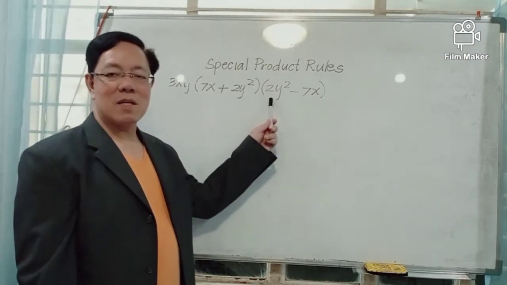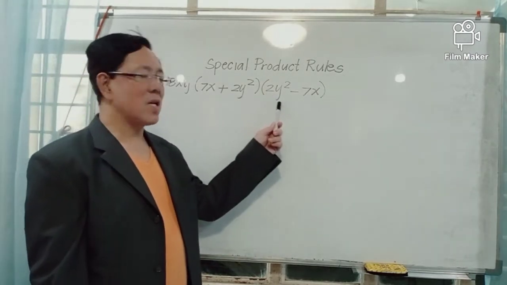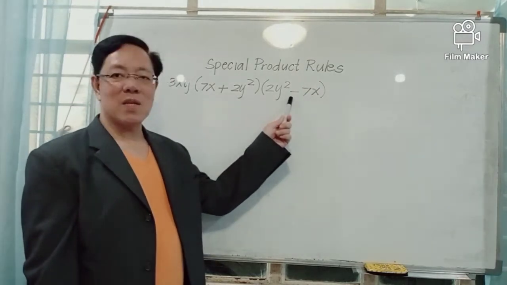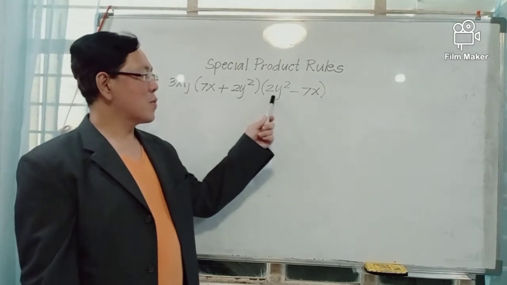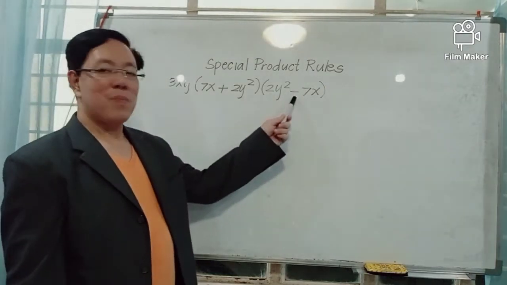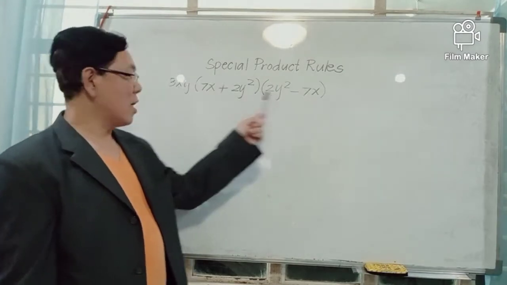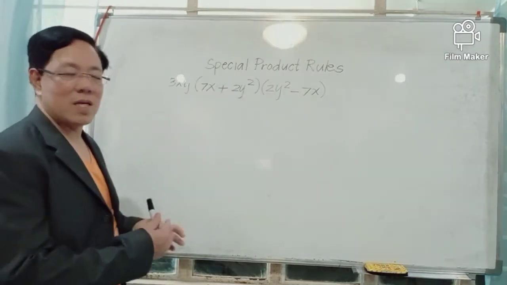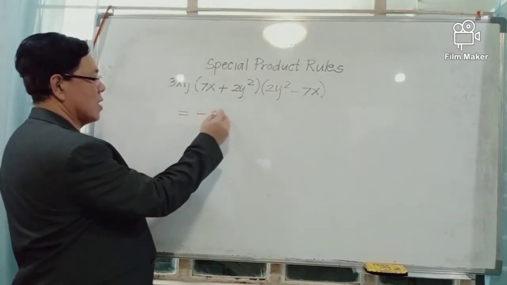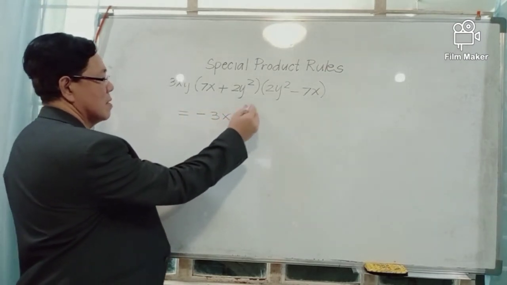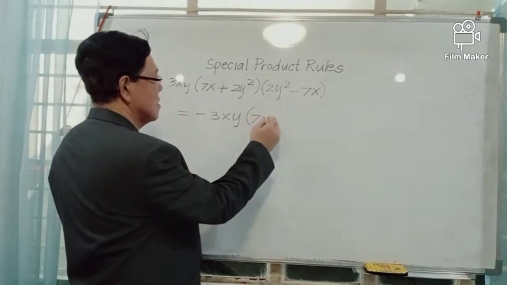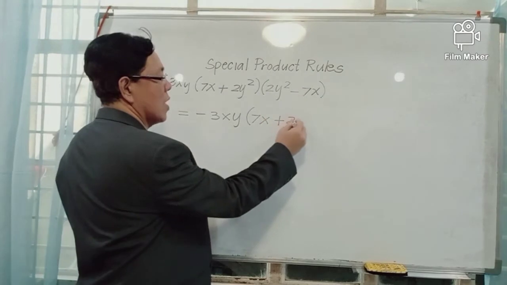I will rewrite this binomial 2y squared minus 7x by factoring negative 1 from 2y squared and 7x. I will factor out negative 1 and multiply by 3xy. We get negative 3xy multiplied by 7x plus 2y squared.